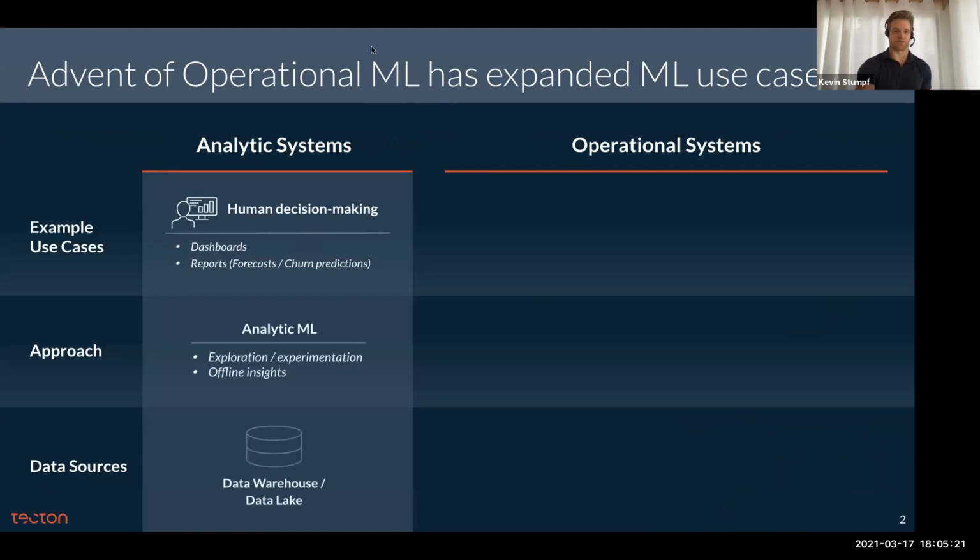First off, let's look at the difference between operational ML and analytical ML. Analytical ML is oftentimes more obvious, and it's still more commonly used if you look at large enterprises. Analytical machine learning happens when you've got a human in the loop who looks at dashboards or reports. Common examples would be dashboards that show you a sales forecast, or a model that once a week predicts which users of your website are most likely going to churn out.